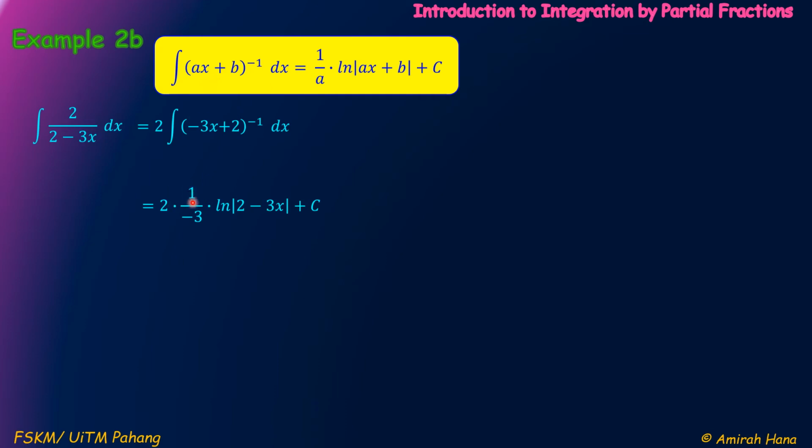So we write 1 over -3, since the coefficient of x here equals -3, times ln modulus ax plus b, meaning modulus -3x plus 2, plus c. After we simplify, we get -2 over 3 ln modulus 2 minus 3x plus c.